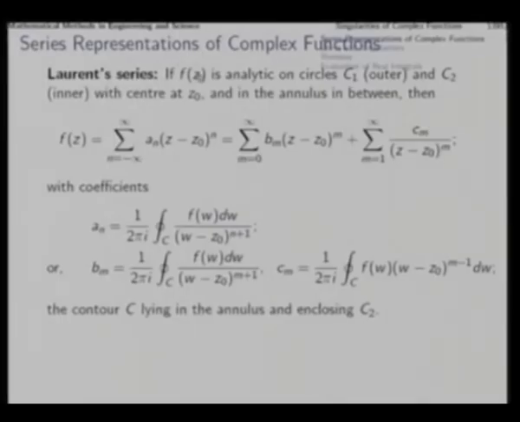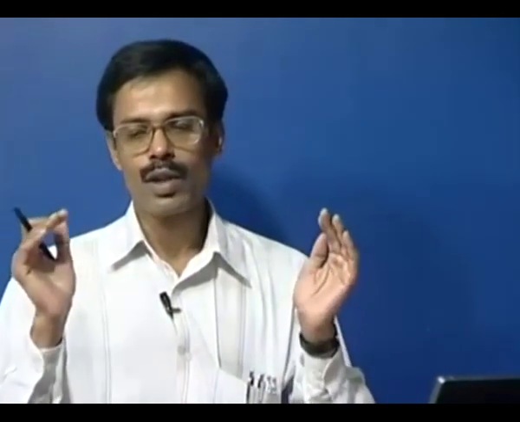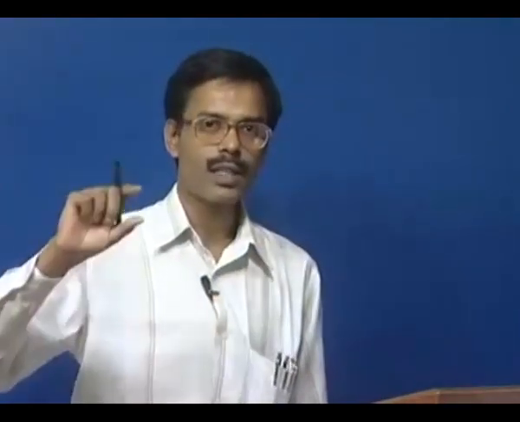So, if f(z) is analytic on an outer circle C1 and an inner circle C2 and everywhere in the annular region within it, say you have two concentric circles C1 and C2. C2 is the inner circle, C1 is the outer circle. Then they will enclose an annular region.